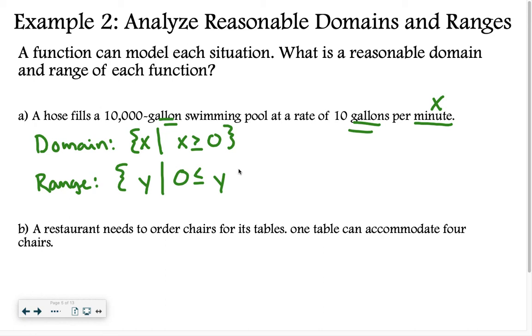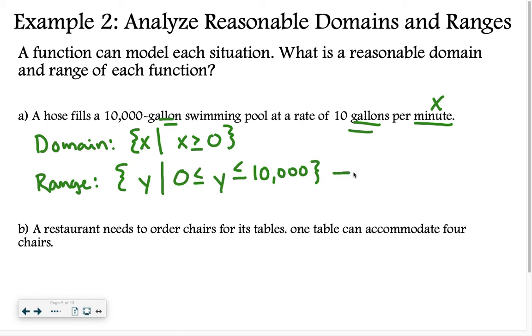But what's the maximum number of gallons? We're going to stop at 10,000 gallons. So my range is 0 all the way up to 10,000 gallons.